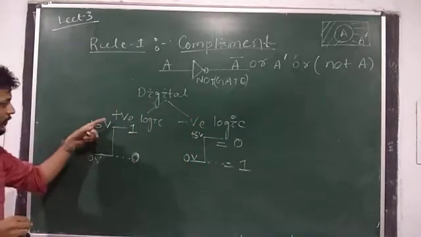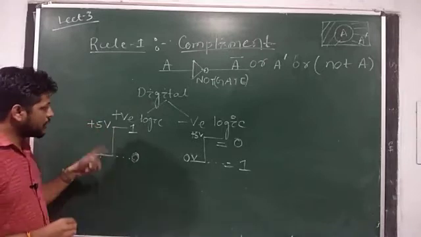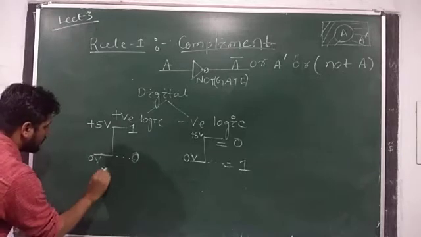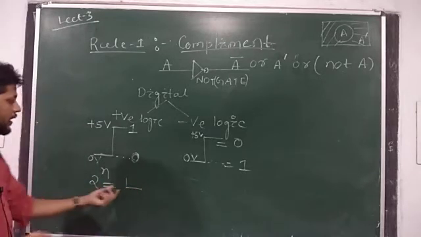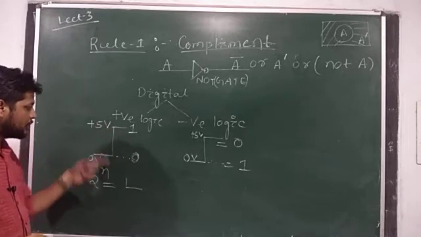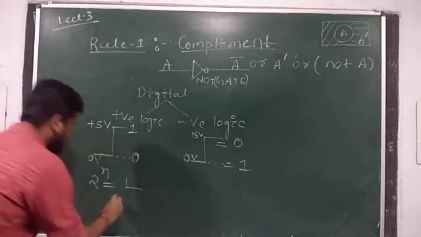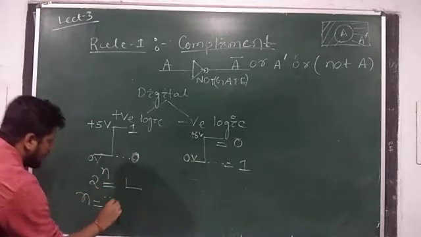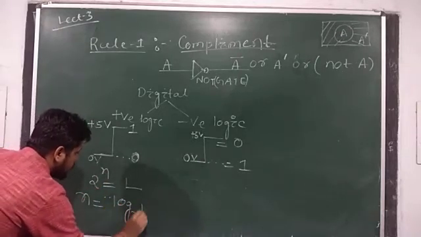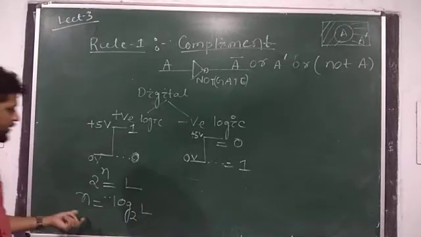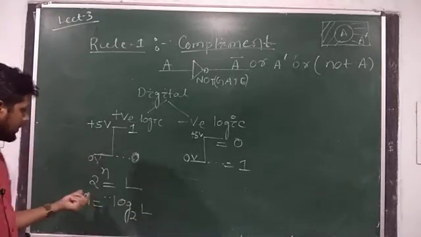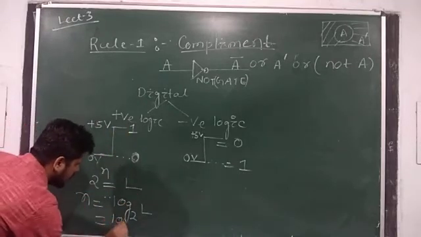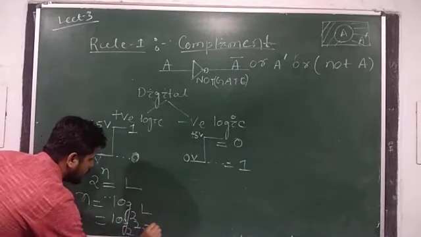So you have two voltage levels, hence you need one bit to represent them. I have already told you that 2 to the power n is equal to L, where L is the number of voltage levels and n is the number of bits. Here we have two voltage levels, either 0 volt or 5 volt, so n is equal to log base 2 of L, which is log base 2 of 2, equal to 1.